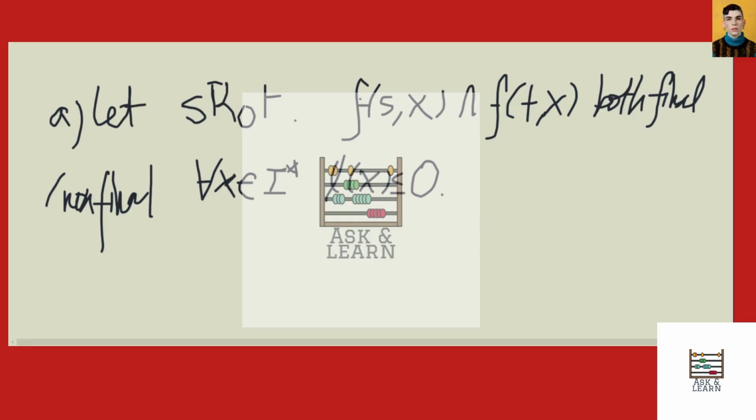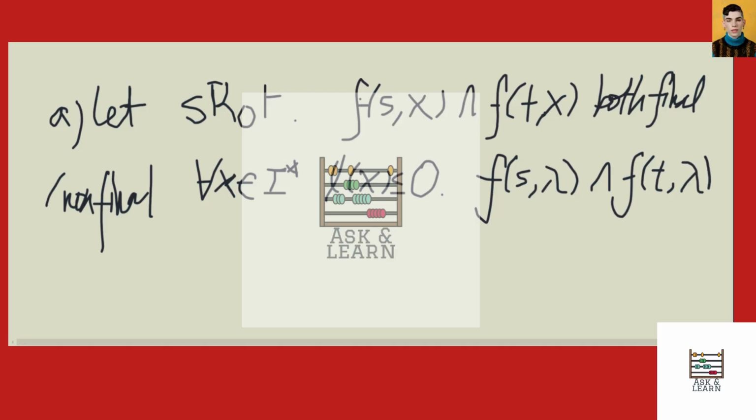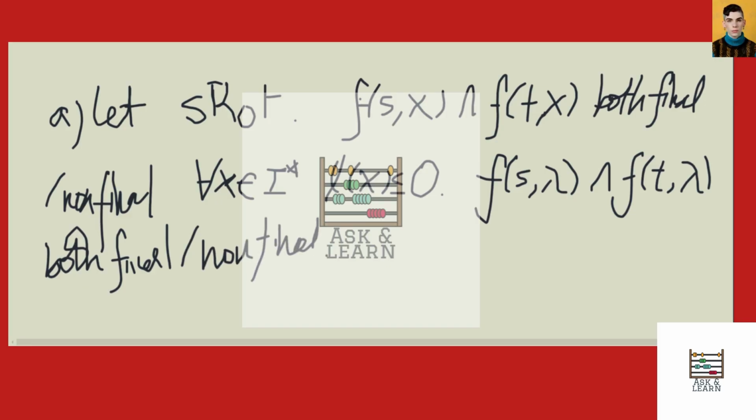In other words, since lambda, the empty string, is the only string of length 0, it follows that f of s lambda and f of t lambda are either both final or both non-final states, where lambda is the empty string.